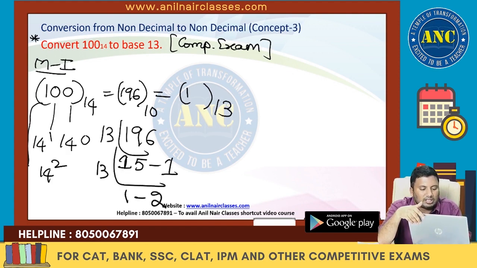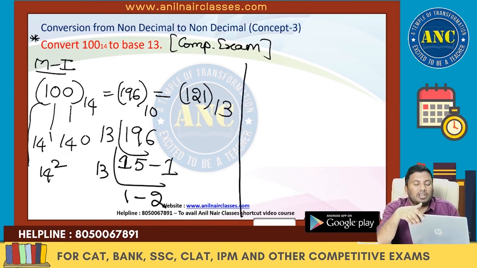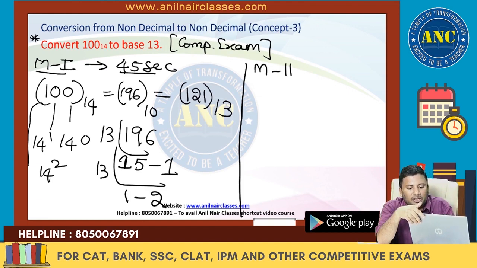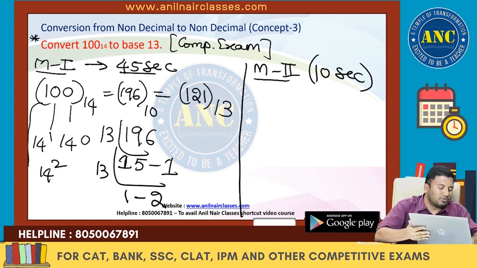So the answer is 1 2 1 in base system 13. This is the traditional method. If this takes 45 seconds to solve, method 2 will take you 10 seconds if you know this approach. One is the 45-second approach, converting from non-decimal to decimal and decimal to non-decimal.